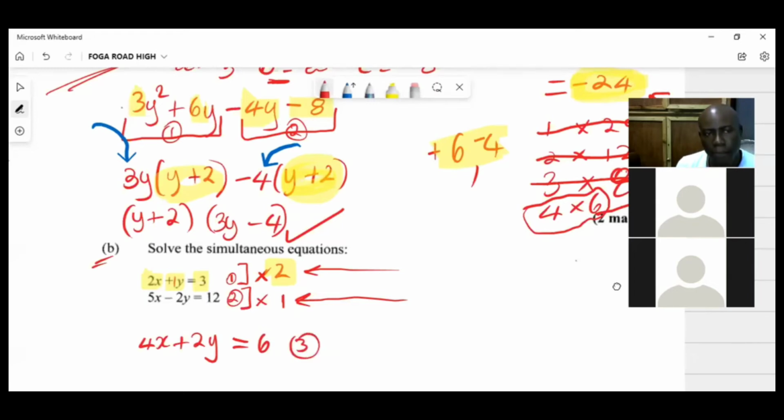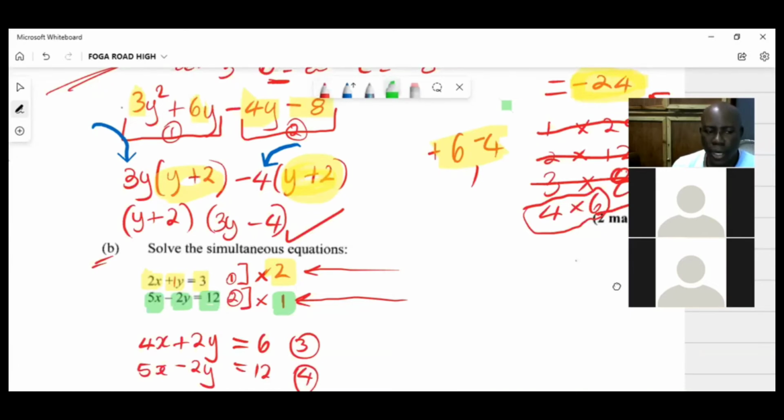Now we're going to use number 1 in green to multiply by 5x, then negative 2y, then 12. 1 times 5x gives us 5x. 1 times negative 2y gives us negative 2y. 1 times 12 gives us 12. This is equation 4.